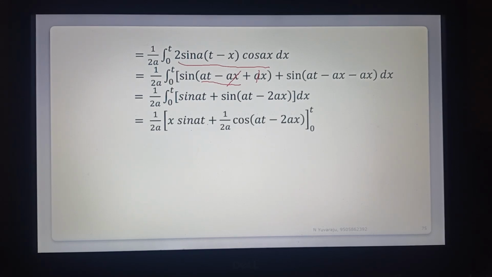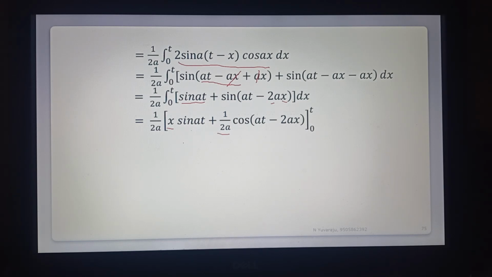Now in the integration, 1 by 2a into sin at is a constant, so its integration is x. Next, the integration of sin(at minus 2ax) is cos(at minus 2ax), and taking the coefficient of x, which is 2a, we divide by 2a, with limits 0 to t.